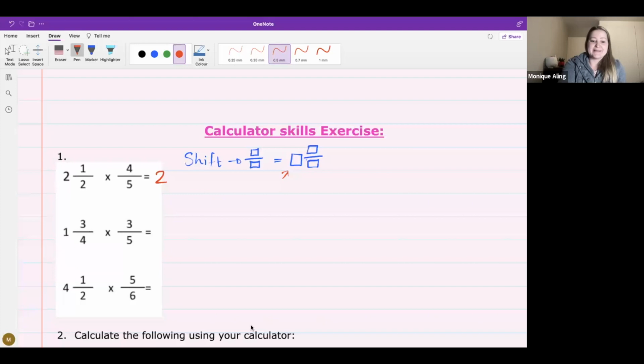One and 3/4 times by 3/5 gives us, and let's keep the answer in fraction form. I know it will give you a decimal, so use our special SD button to keep our answer as a fraction. So when you type it in the chat, you can just use that / to indicate that it's a fraction.